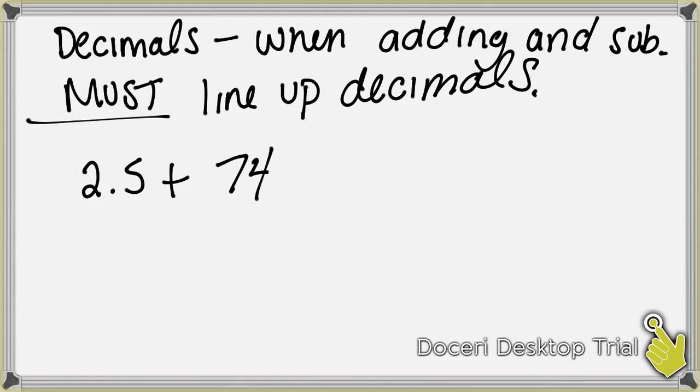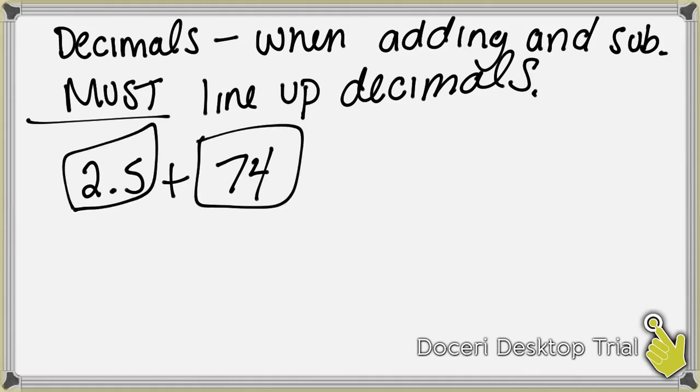We need to know our place value. So right now, in this 2.5, 2 is in the ones place, 5 is in the tenths place. In this 74, the 7 is in the tens place and the 4 is in the ones place. They're both positive. We're going to look at the sign of each number. If they're both the same sign, we're just going to add them.